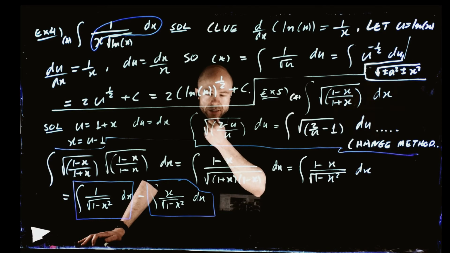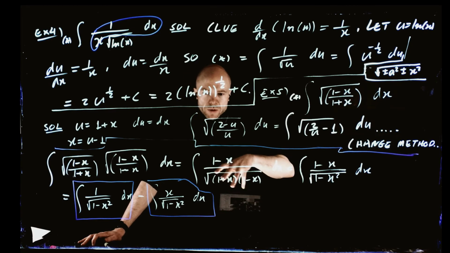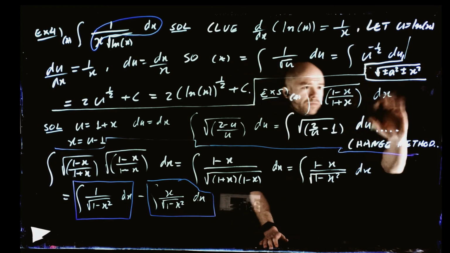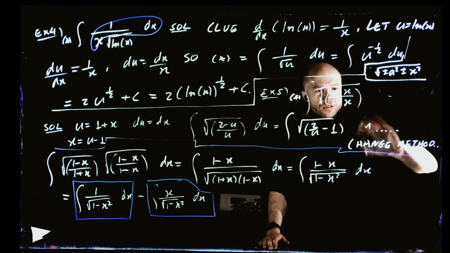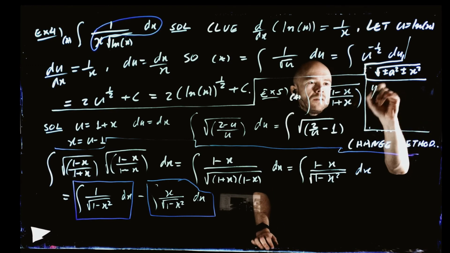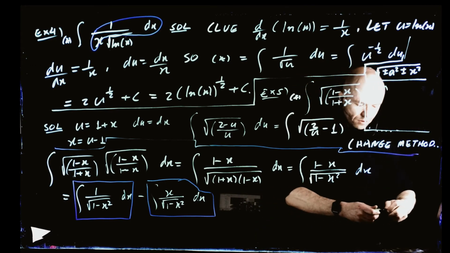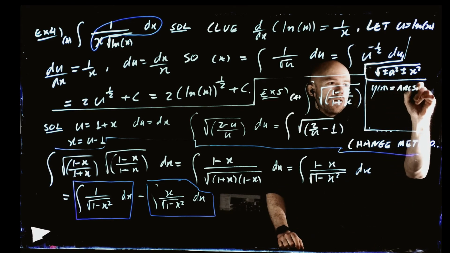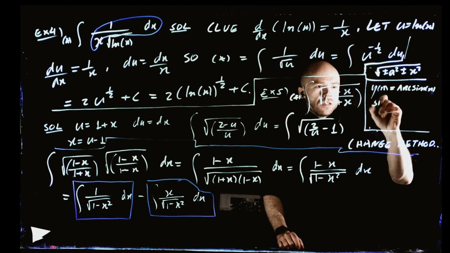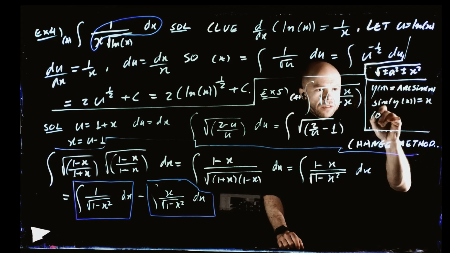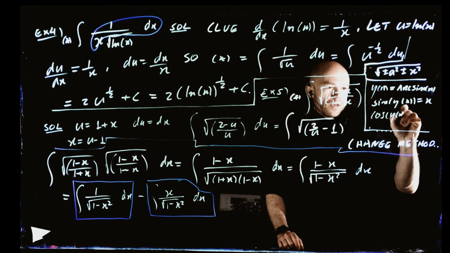Yeah, indeed. It is actually arcsine. It's arcsine, and this is implicit differentiation. You can quickly check this yourself. So if we let y of x equal arcsine of x, then sine of y of x is equal to x, and we differentiate both sides with cosine y of x.